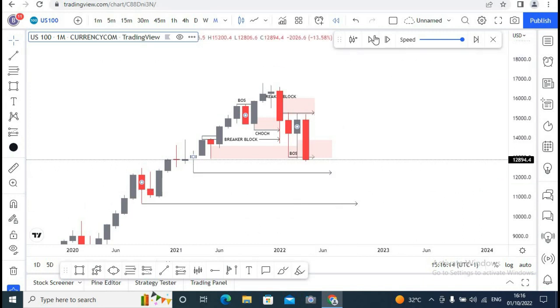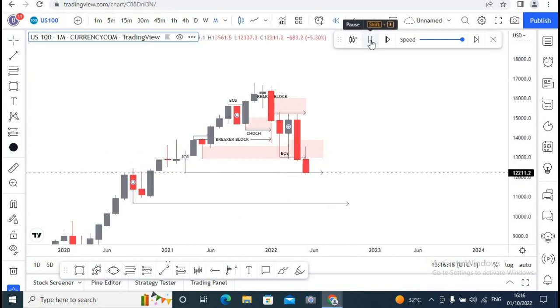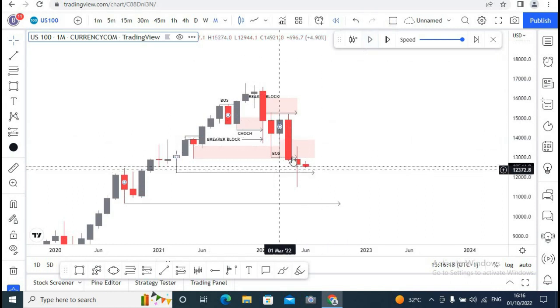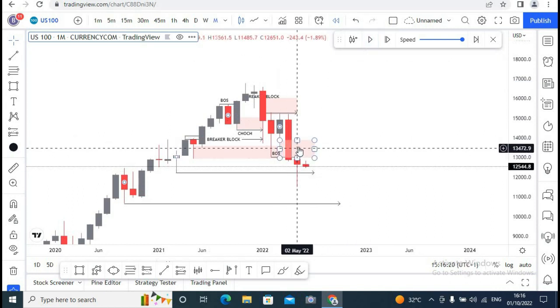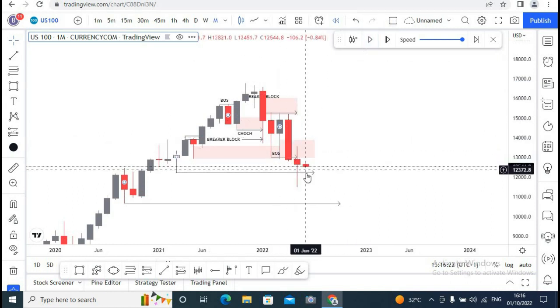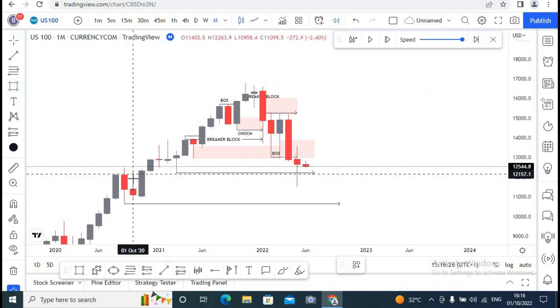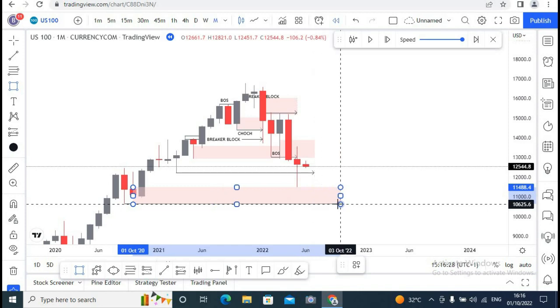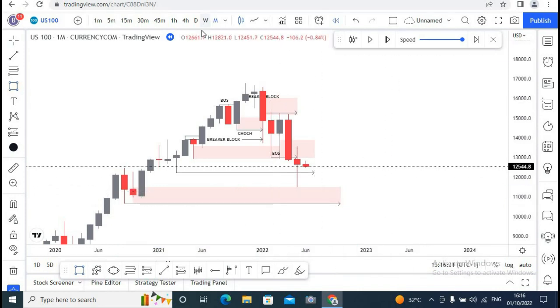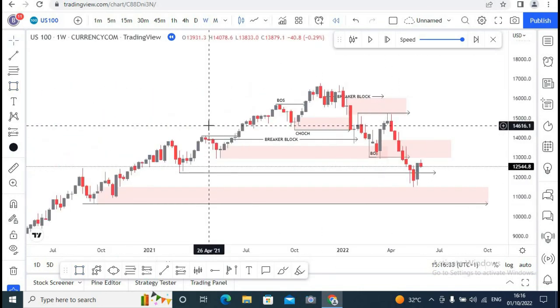And now if we put our replay mode, as you can see, the price came back to tap in the breaker block. As you can see, now they pushed down the market, and now they have respected this demand level right here, guys. Let's see. Let's go back to our weekly time frame.